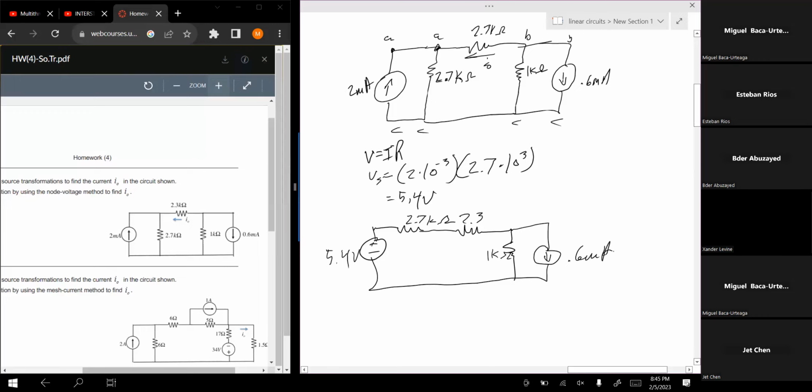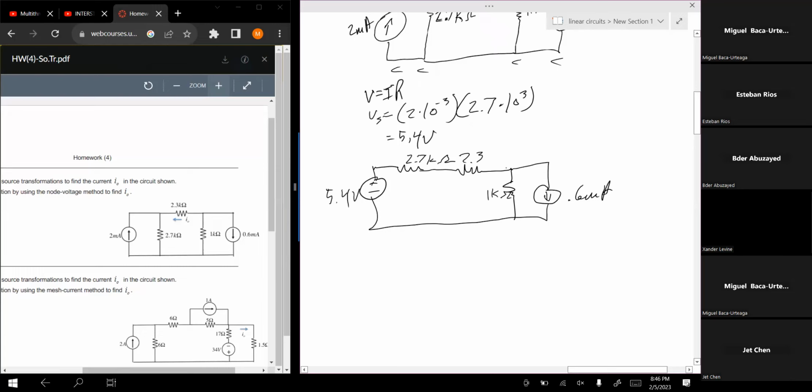The way I'm thinking of this is, I know that I have to do source transformation for this. I don't know if it's possible to have it up here.